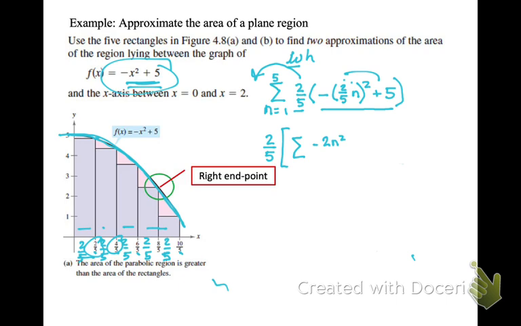Nope, that's wrong. Wouldn't this be 4 over 25 n squared? Yes? Plus the sum of 5? Yeah. And then I would just find the sum.